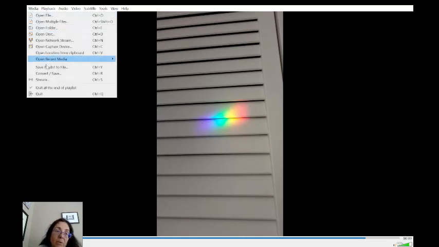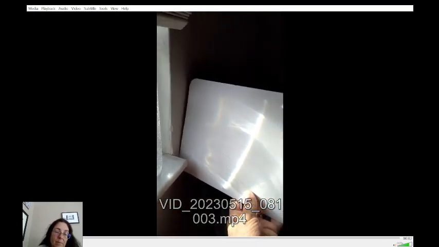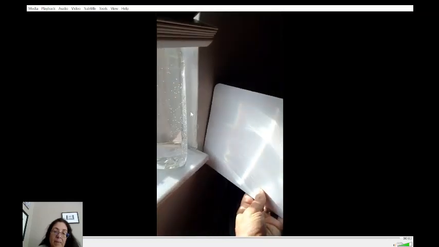You can also make a rainbow very cheaply just with a bottle. If you have a bottle with a right angle, like they do sometimes, you can see the rainbow here as well.